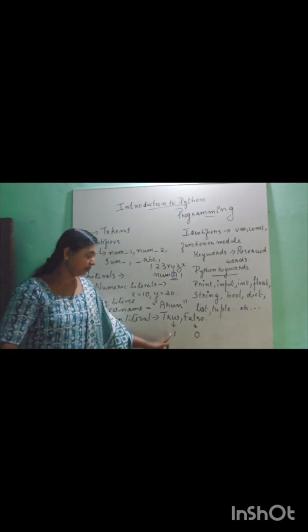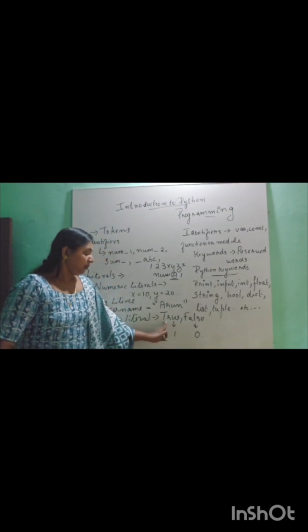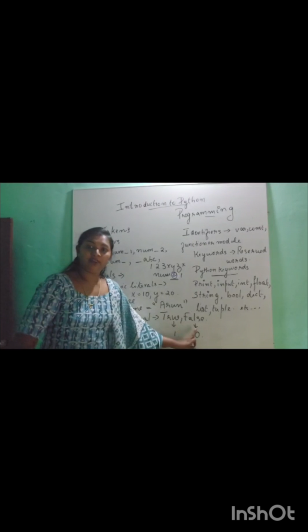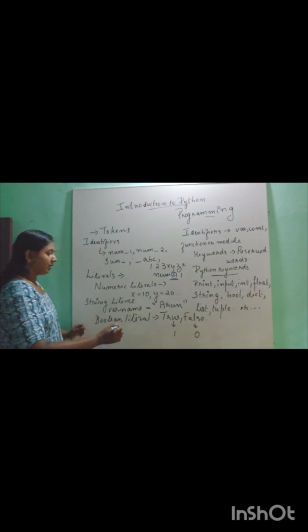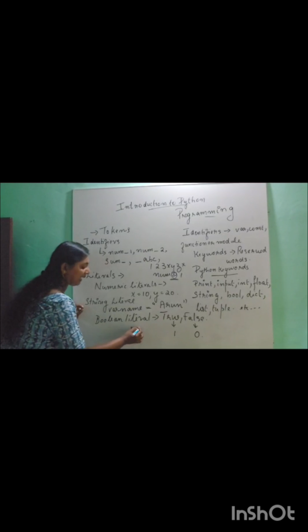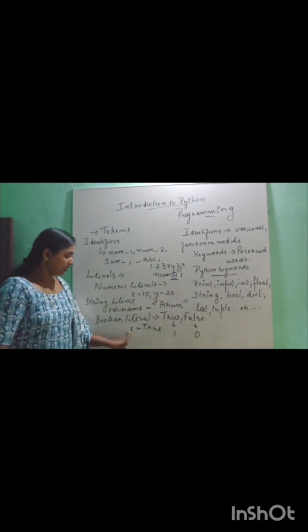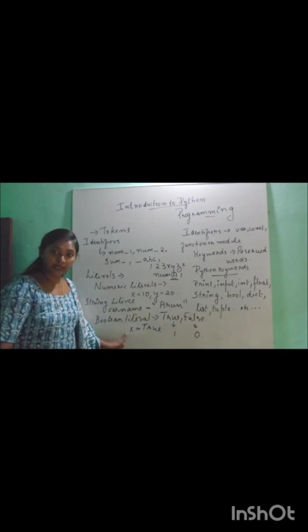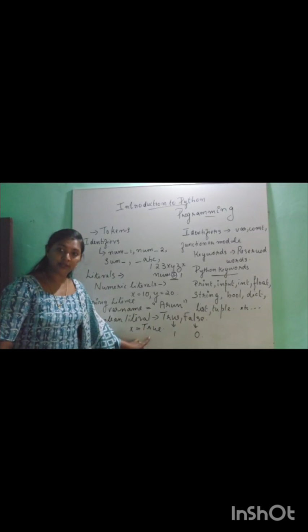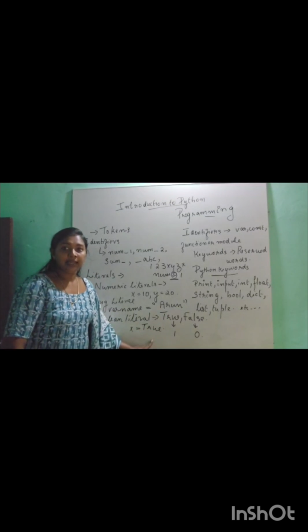The value of true is 1 and false is 0, but these are used as true or false itself. So if you want to create a Boolean variable, say x is equal to true. That means x is a Boolean variable and the value of x is true. Here true represents a Boolean literal.